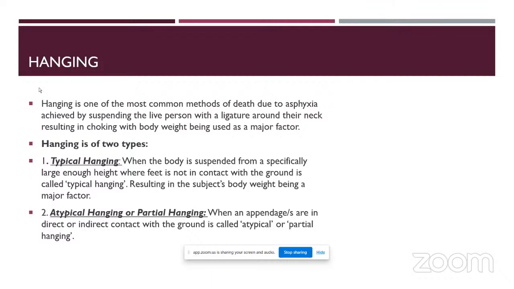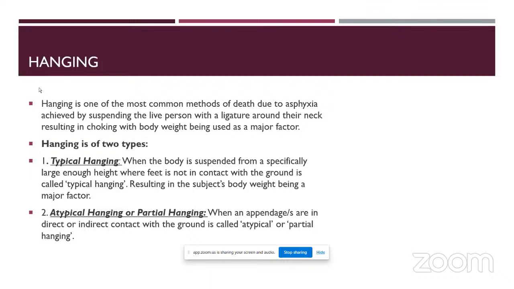Now, how is the management of a hanging case done? Generally, the first step of management is to remove the ligature immediately and to preserve it properly as it is, to study the kind of ligature and how it was used at the scene of crime.